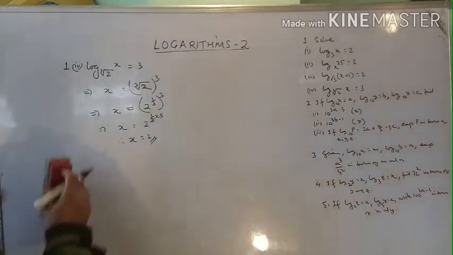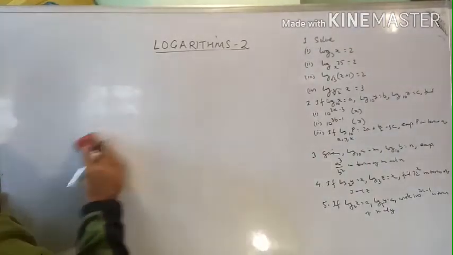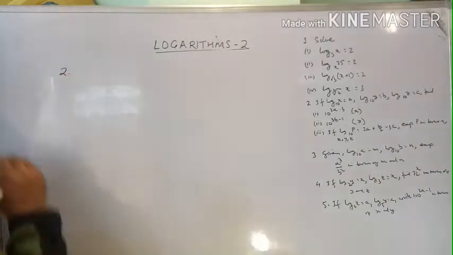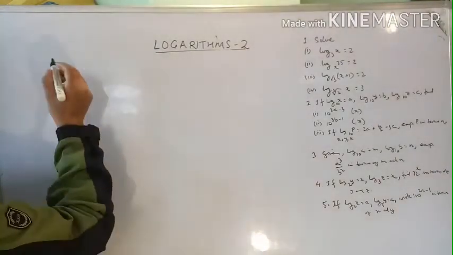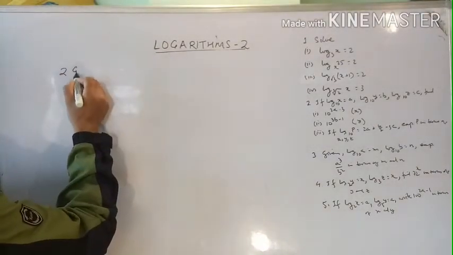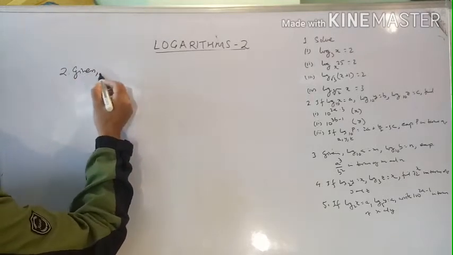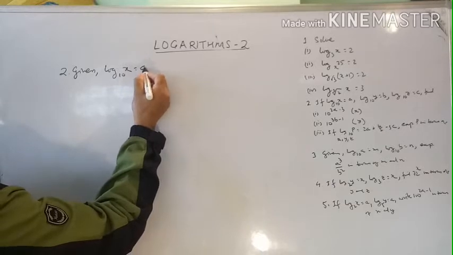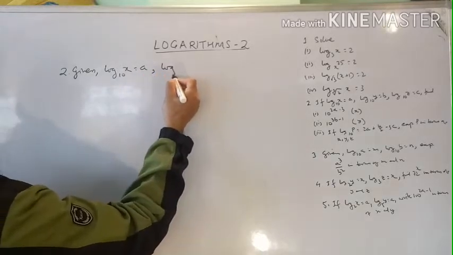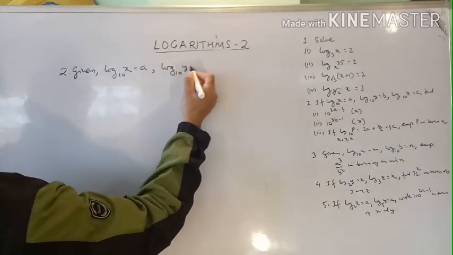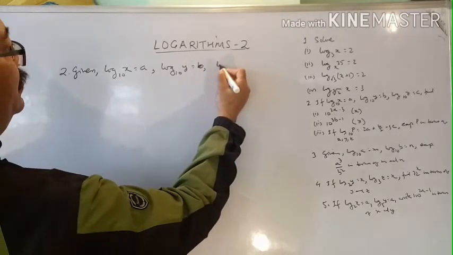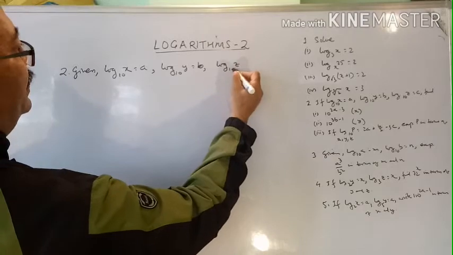Now let's take another example. Question number 2. It says you are given log of x to the base 10 is equal to a, log of y to the base 10 is equal to b, and log of z to the base 10 is equal to c.